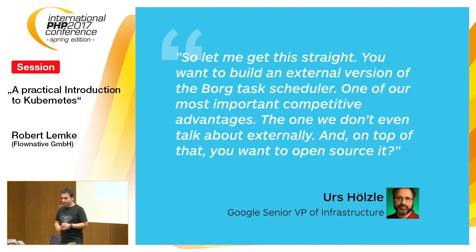Right, so they had Borg, and Omega is kind of the successor of it. But then some of the developers came to Urs Hölzle, the vice president of infrastructure, and asked him, how about we just take these ideas and open source that? Wouldn't that be cool?